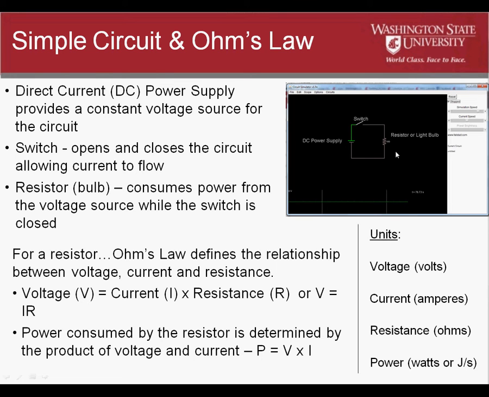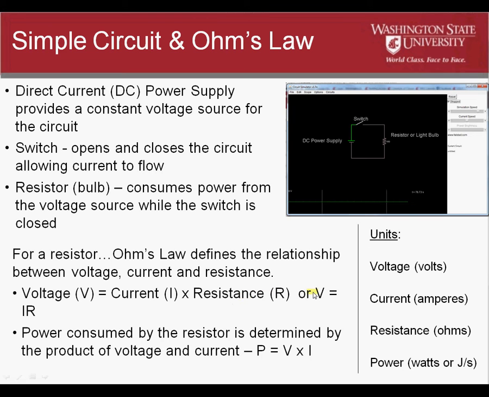So let's return to the web application and take a look at a situation similar to the measurements that we'll be taking in class. Before we do that though, just a reminder, we're talking about Ohm's law, and it defines the relationship between voltage, current, and resistance. For any electrical device, like the resistor shown here, the voltage across that resistor is going to be equal to the current passing through it times the resistance of that device.